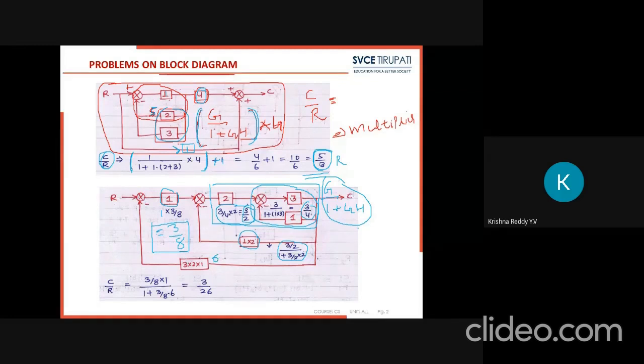Again, G divided by 1 plus GH, 3 by 8 divided by 1 plus 3 by 8 into 6. We are getting the output is 3 by 26. Step by step, we are simplifying each and every block and finally calculate the ratio between output to the input, C by R ratio.